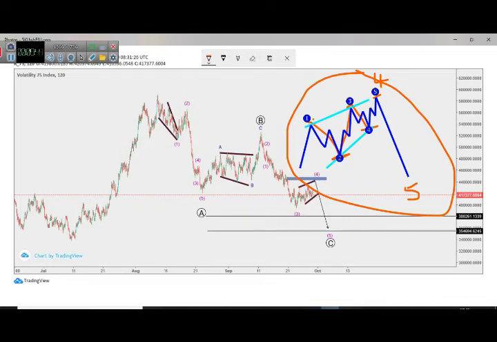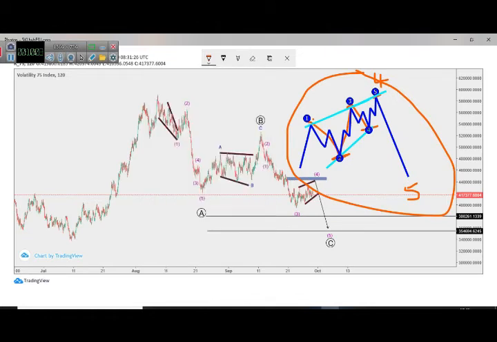Usually these synthetic indices have a tendency of blowing the upper trend line.